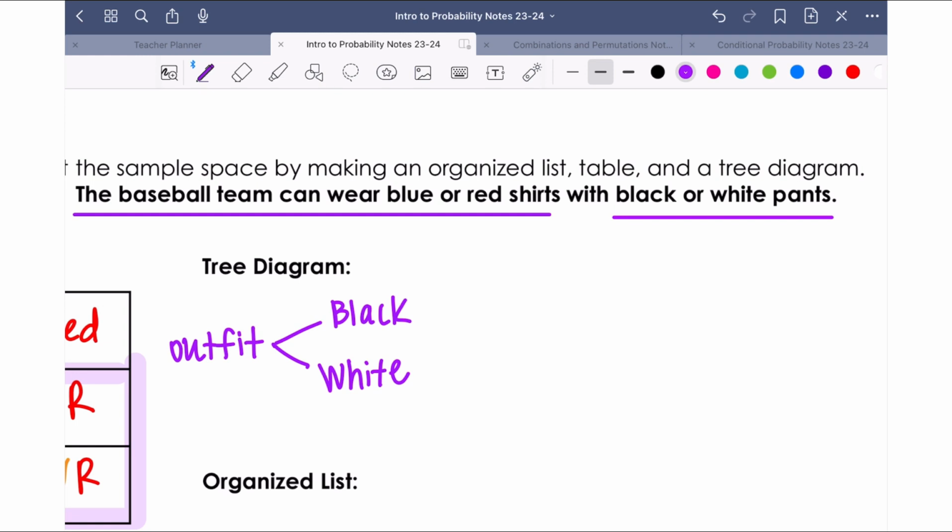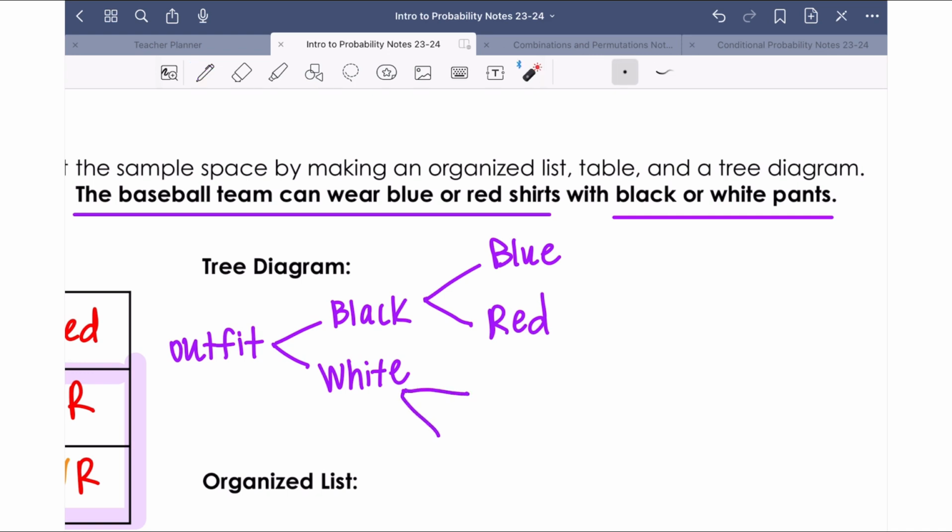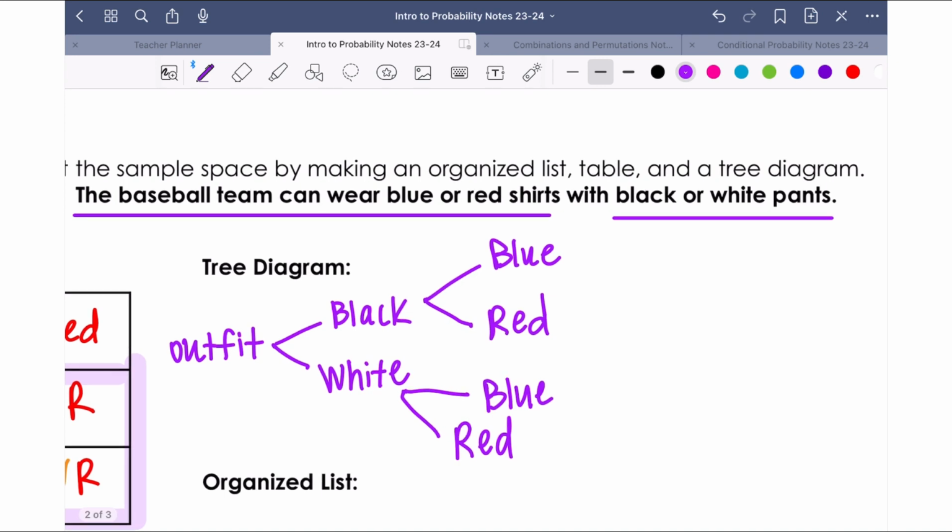And then once they pick their pants, they can either wear blue shirts or red shirts. Okay, but you have to branch off each one. So if they go this route, they pick black pants, they can either wear blue shirt or red shirt. If they pick white pants, they can wear blue shirt or red shirt. And that's all that we have. Okay, so there's a tree diagram.